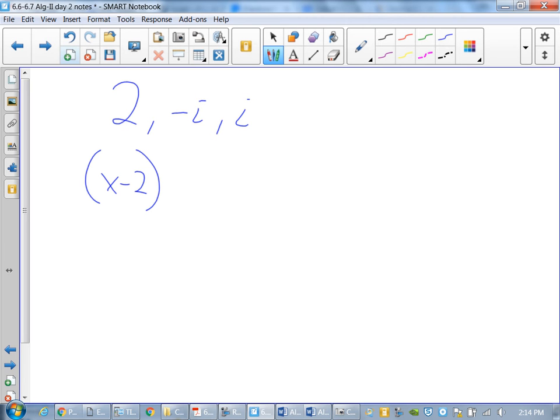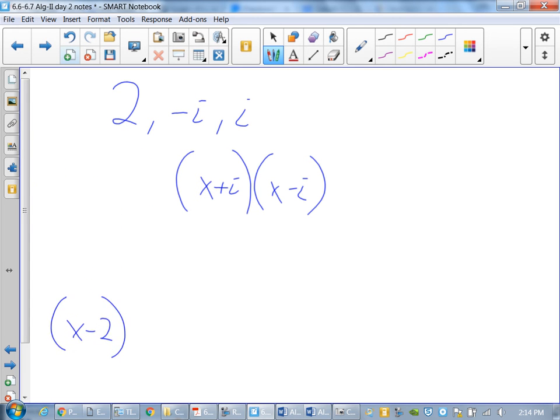A negative. We have to be able to take a square root of a negative. So if you follow along the same pattern here, we took 2, it was x minus 2, which means this would have been x plus i and x minus i. You okay with that? Now, disregard this x minus 2 for right now, and let's just work solely with this x plus i, x minus i.